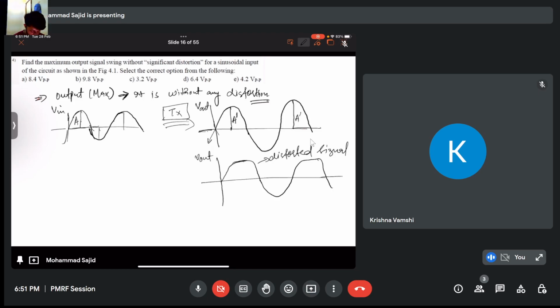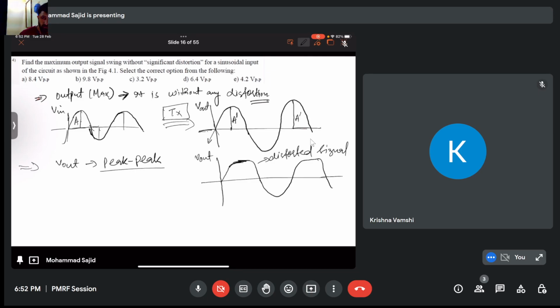So that's why it is given as find the maximum output signal swing without significant distortion. So in this question we have to find how far peak to peak we can go such that my output signal is not distorted. So if I apply a perfect sinusoid, it should give me a perfect sinusoid, right?